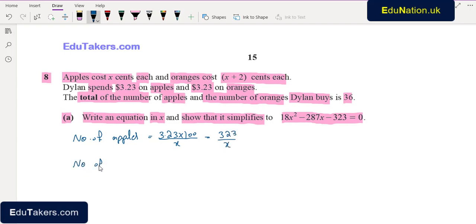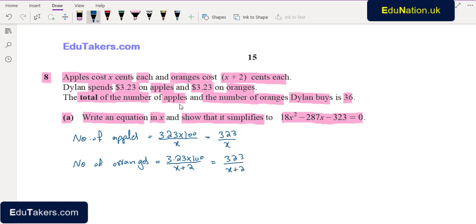Number of oranges will be equal to 3.23 times 100 over the orange cost, which is x plus 2 cents. So the number of oranges equals 323 over x plus 2.